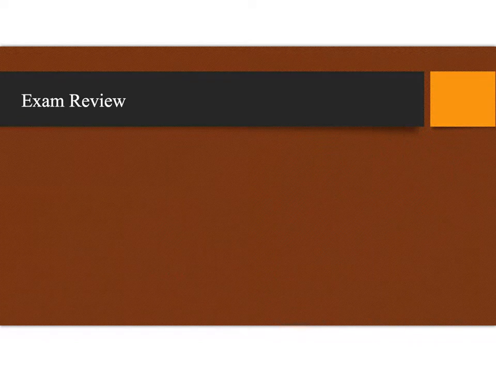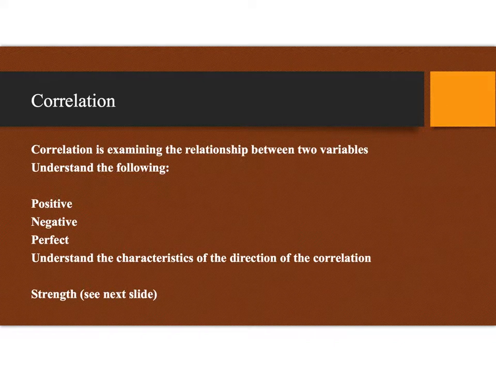Now we're moving into exam review. After class is over, we will be taking an exam. So correlation is one area. You need to understand what a positive, a negative, and a perfect correlation is.